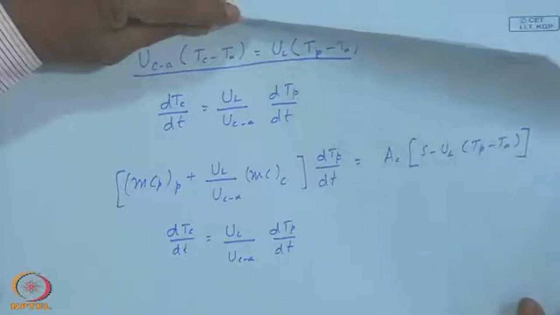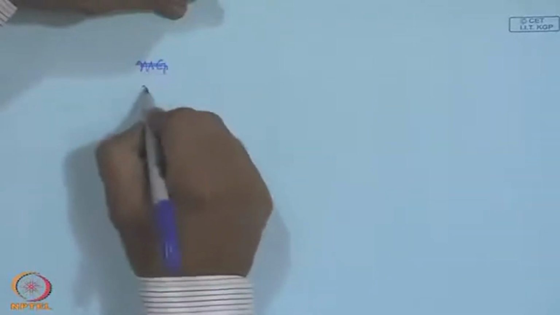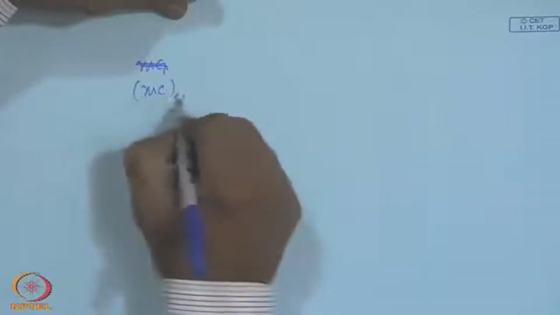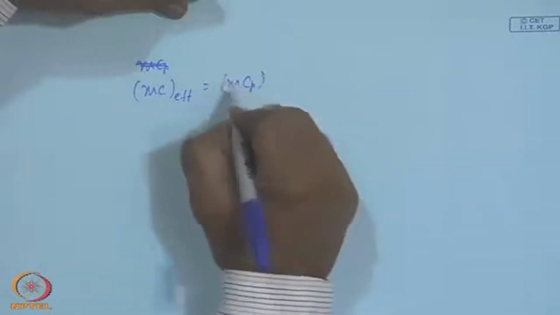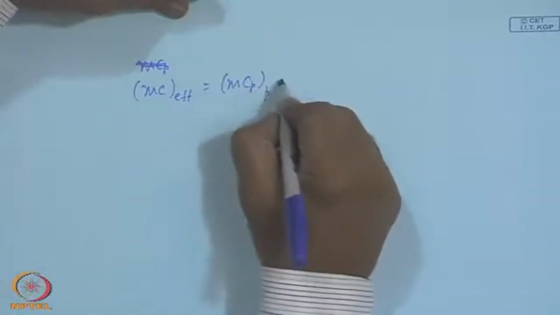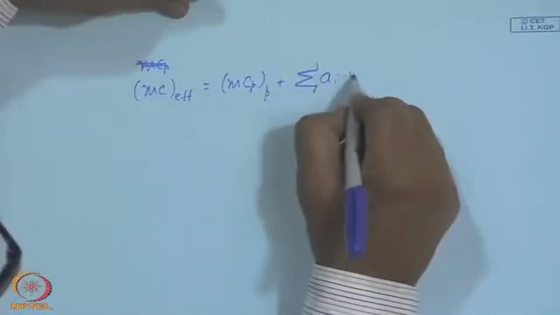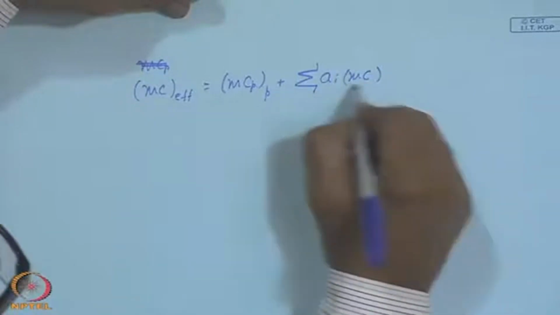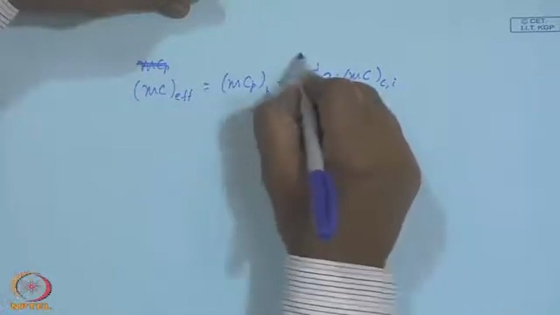So, we have written that. We might write it as (m c) effective, of the plate plus sigma A_i m c of the cover i, where i is equal to 1 to n.